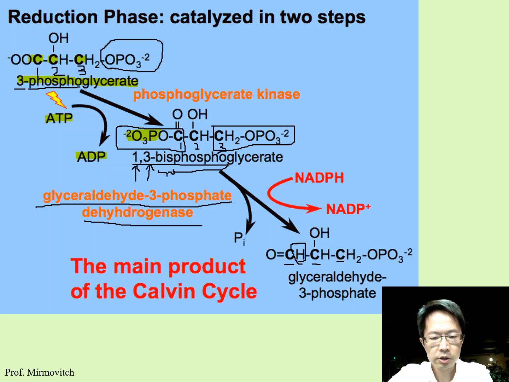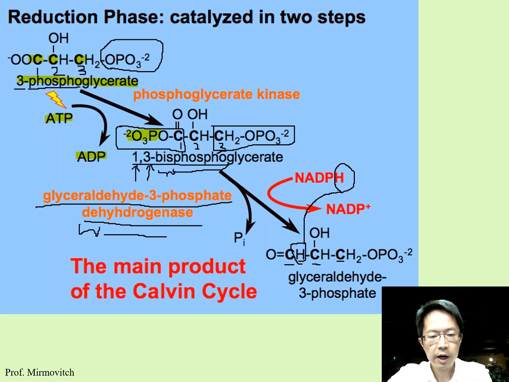So where is the hydrogen atom coming from? The hydrogen atom comes from the NADPH. So the enzyme G3P dehydrogenase, what's the function? It dehydrogenates. That means D means remove hydrogen.